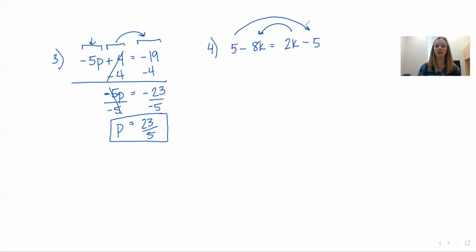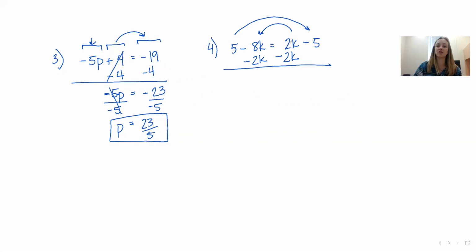So if you like a different way better, stick with that. First thing I'm going to do here, though, I'll go ahead and move this 2k over to the left. Because we're moving that entire term, we're not just getting rid of the 2. We're going to either add or subtract it. Because it's a positive 2k, we want to subtract 2k from both sides. Just make sure you do it once on each side, so it only gets combined with the k terms.